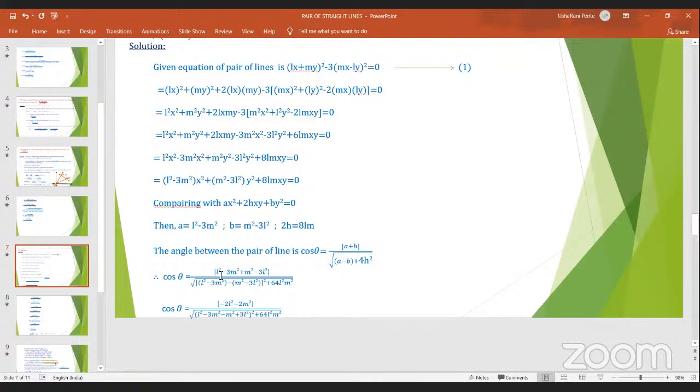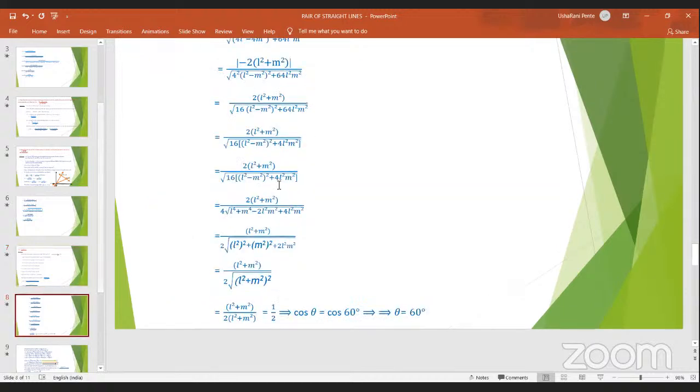When we simplify this, l square minus 3l square can be written as minus 2l square, and minus 3m square plus m square can be written as minus 2m square, by under root of, l square minus 3m square minus m square minus of minus becomes plus 3l square, whole square, plus 64 l square m square.